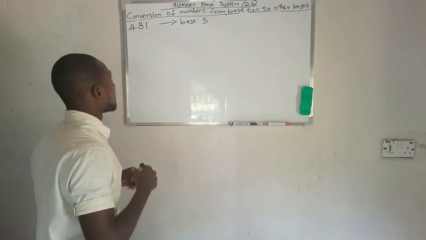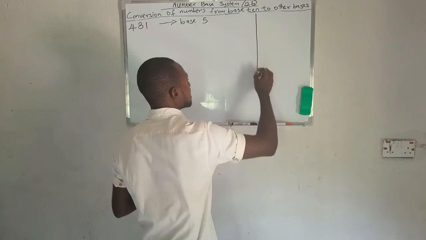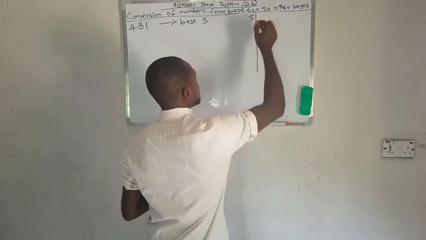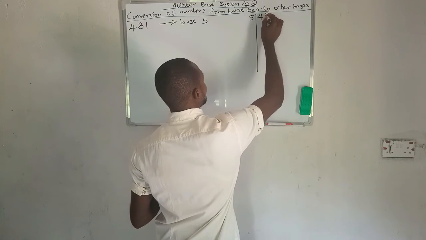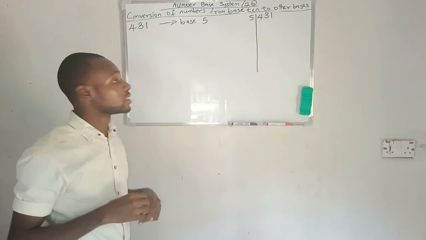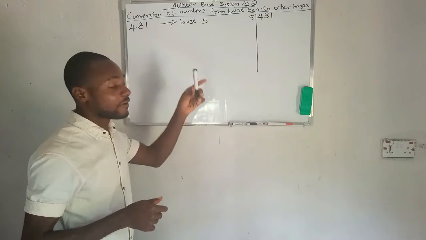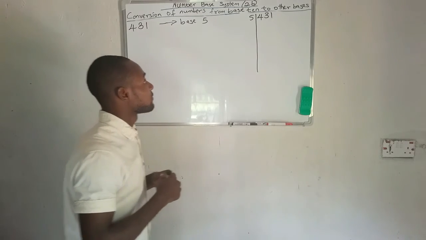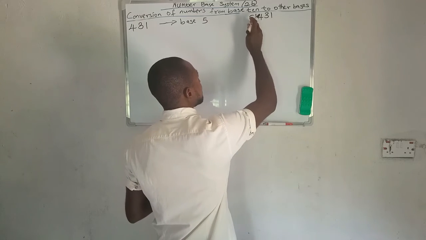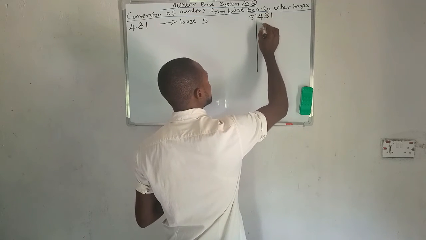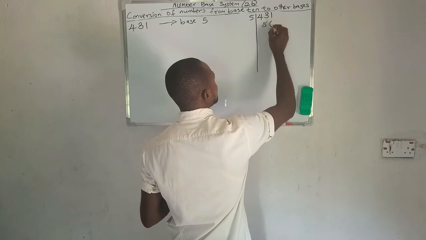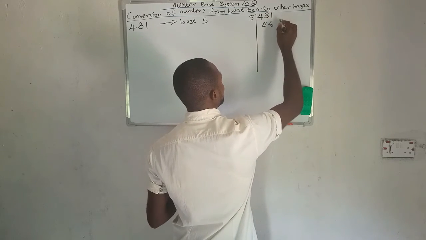So we want to convert 431 base 10 to base 5. We do it the normal way that we did the other ones. We divide this number by 5 and then get the remainders, and that will be our result. 431 divided by 5 will be 86, remainder 1.